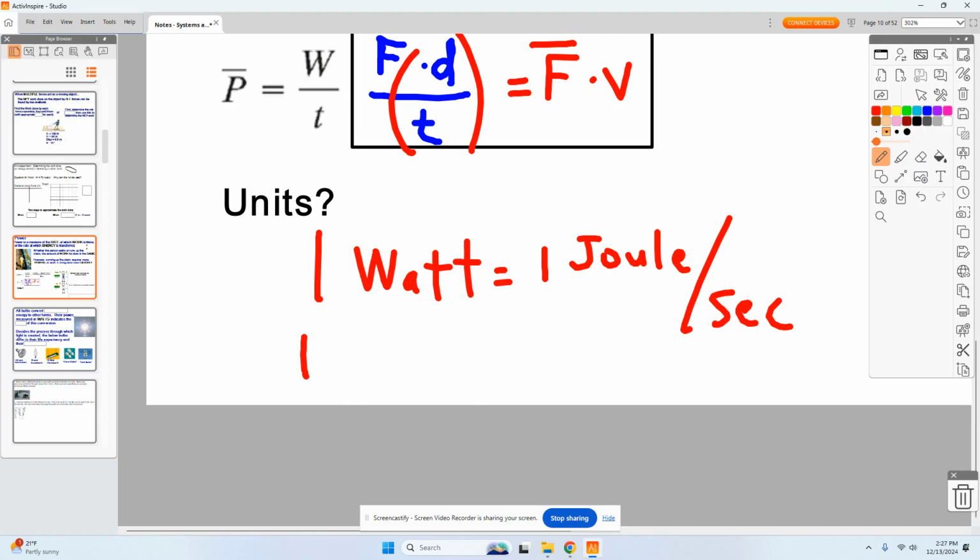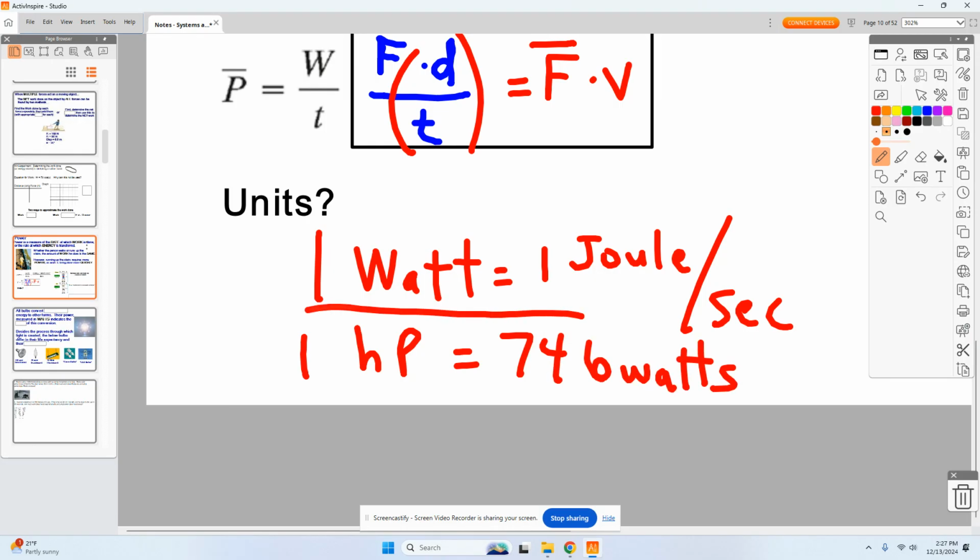So 1 horsepower is equivalent to 746 watts. When you look at engines and talk about your car, how much horsepower does your car have? We typically use horsepower to describe bigger things like engine power, but the SI unit we use is the watt.